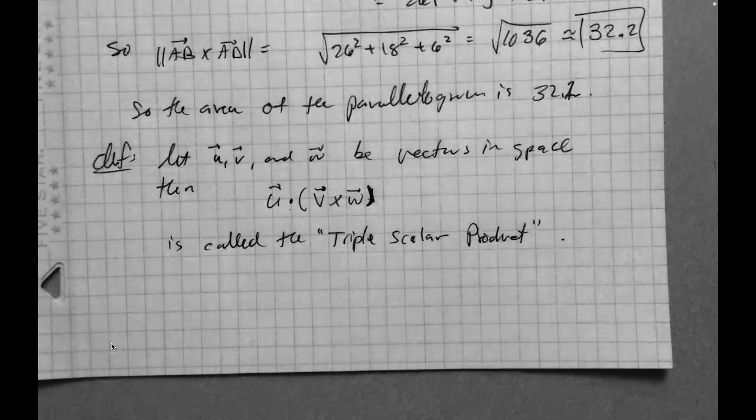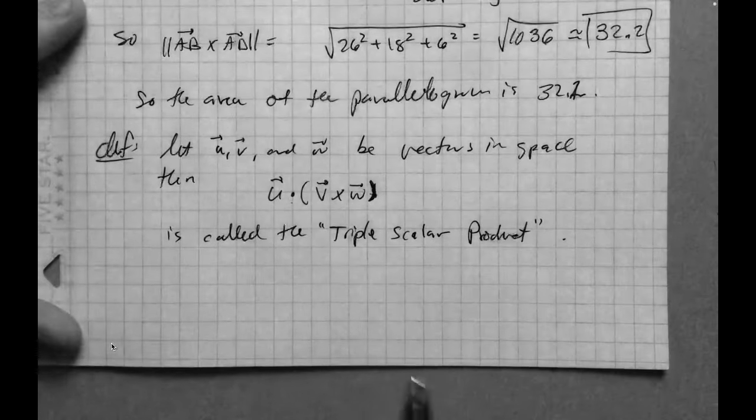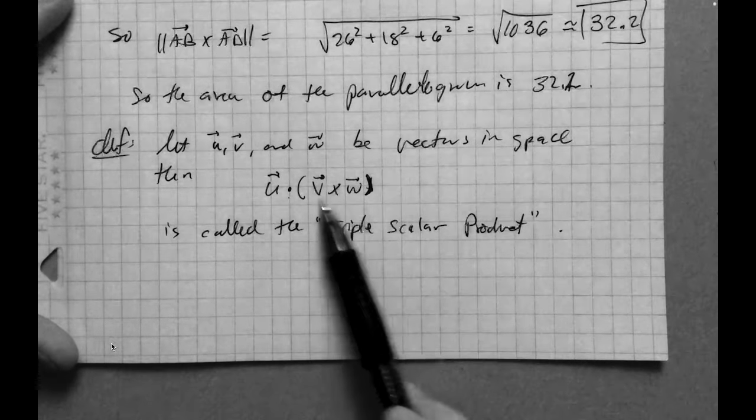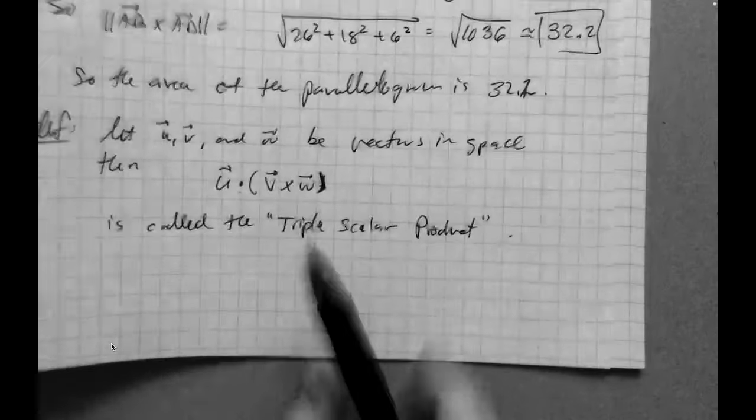Okay, and there's a couple of ways to find this. I mean, you can do it just by finding v cross w and then dotting it against u. That's fine. There's also a clever way to do it.